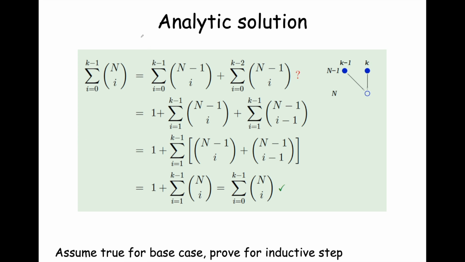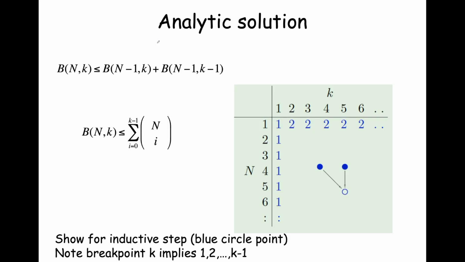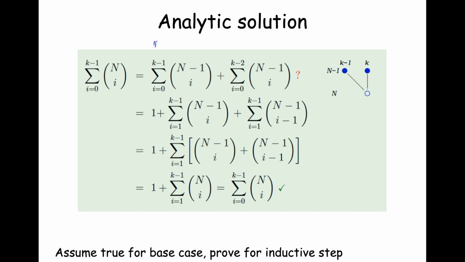So here we have b of n and k, and that was our original expression. And we said b of n and k is b of n minus 1 comma k plus b of n minus 1 comma k minus 1. Okay.